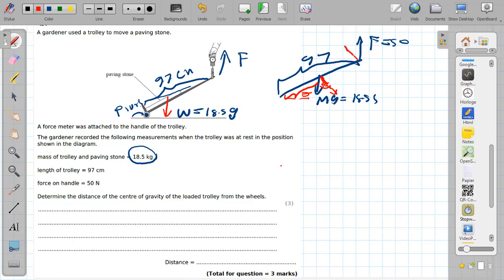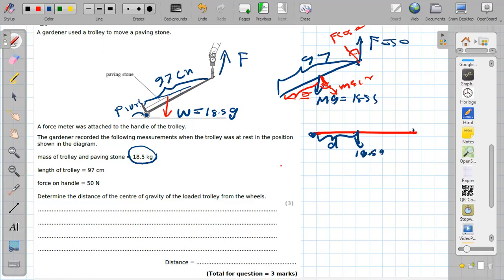When you get this one, this is also going to be theta: F cos theta, and this one is mg cos theta. Now I can bring this to this type of position. Pivot, the distance d, I don't know. The force is what?